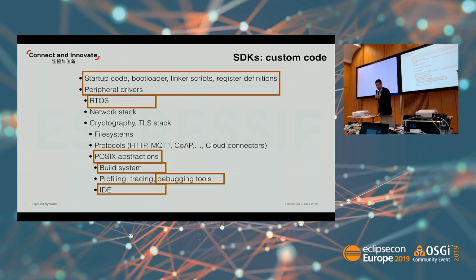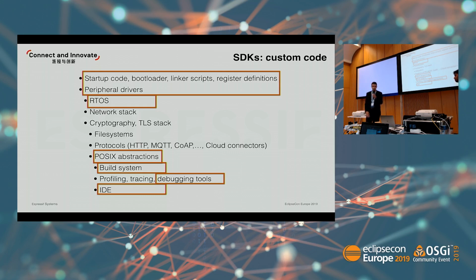So the highlighted parts are basically parts which usually are very custom to different vendor SDKs. There is less variability in file systems. There are only a few network stacks. There are only a few TLS stacks which you can run on microcontrollers. So different vendor SDKs typically are closer in these parts. But things like the choice of RTOS, the choice of build system, these are more complex.